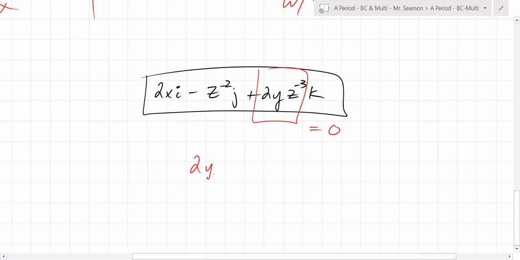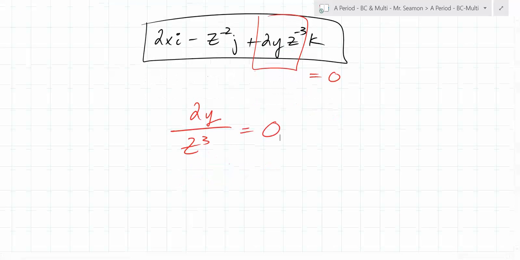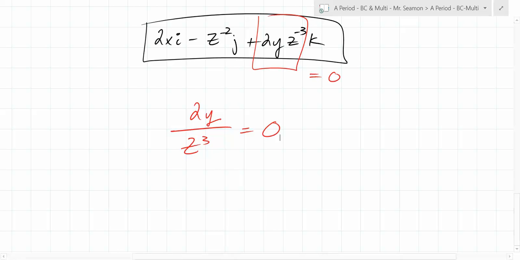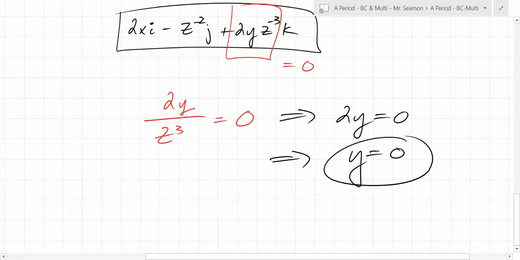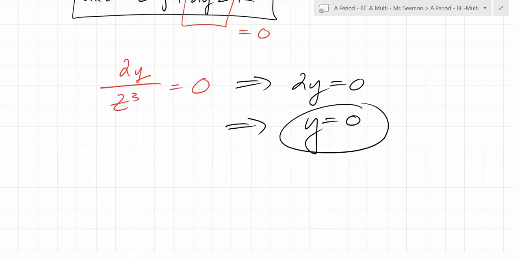So you want 2y over z to the 3 to be 0. What's the only way for that to be true? That implies that 2y has to be 0, which implies that y is equal to 0. So what does that mean?